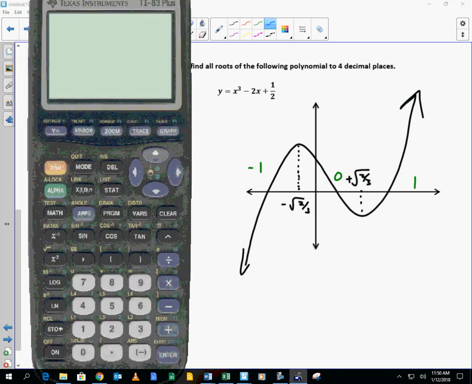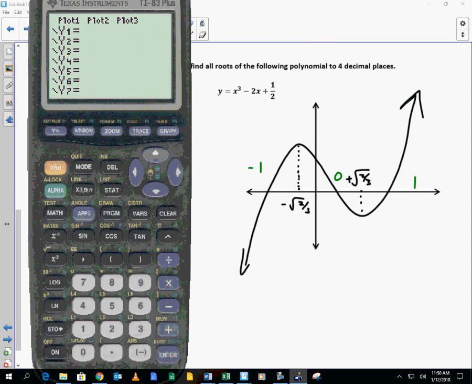So I'm going to type that into my calculator. Right, but then we wouldn't understand what Newton's method is doing. So we've got x minus parentheses, x cubed minus 2x plus 0.5 divided by 3x squared minus 2.